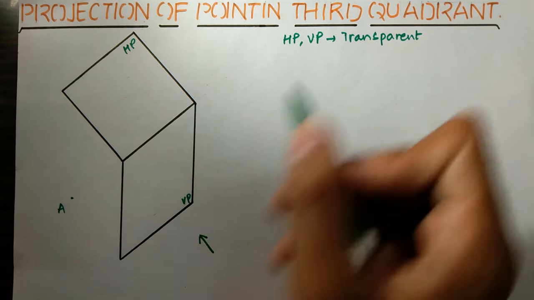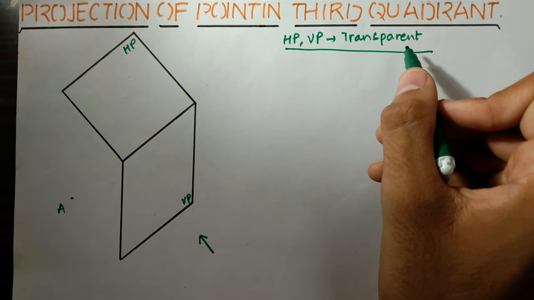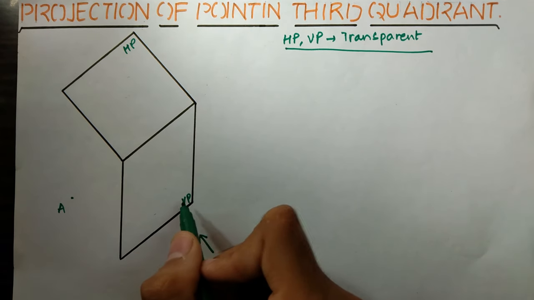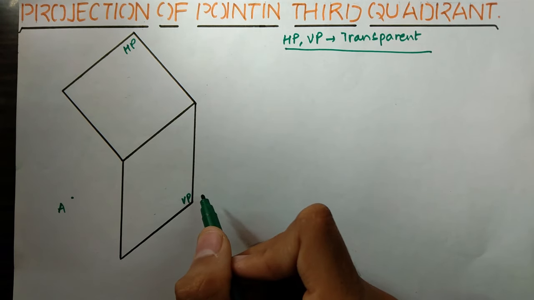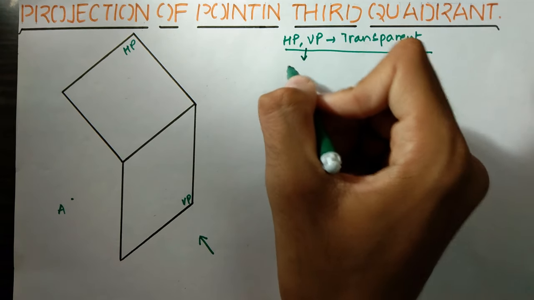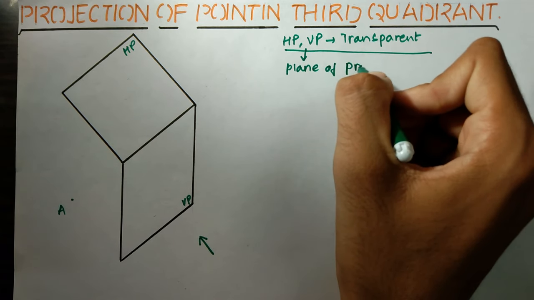Hence, both the horizontal plane and the vertical plane are found to be transparent in nature. Moreover, the front view and the top view are to be projected on the vertical plane and the horizontal plane respectively. Hence, this vertical plane and the horizontal plane are also referred to as planes of projection.